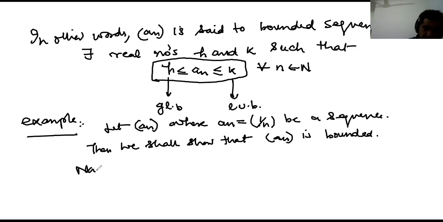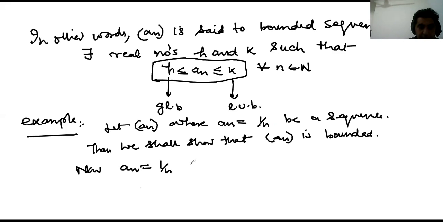Now an is what? an की क्या वैल्यू है? यहाँ पे थोड़ी सी करेक्शन कर लेना, ये ब्रैकेट्स, this is not a sequence, this is an. So we are writing an is equal to 1 by n.